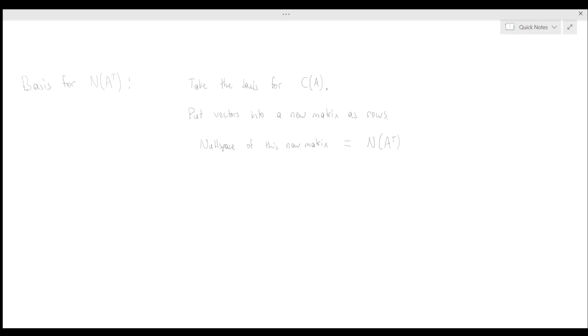Okay, so this was the basis for the column space that we found earlier. It was simply the first, second, and fourth columns of our original matrix. So we would put these into a new matrix, but as rows.